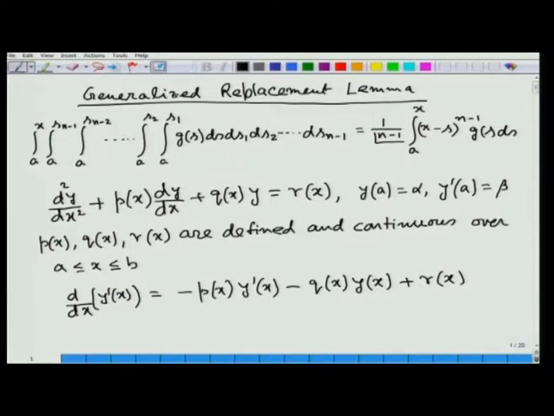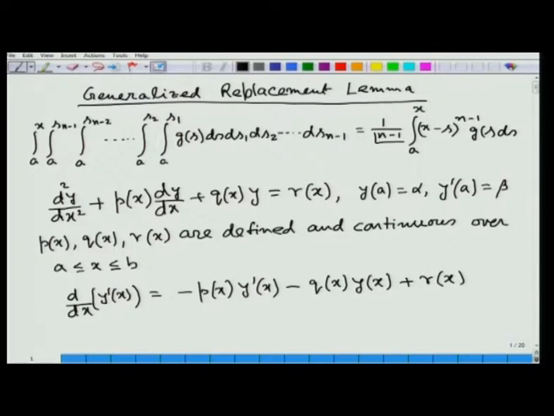So, we intend to integrate both sides from the limit a to x. Since x is the independent variable and is already involved in the limit, we rewrite these expressions with x replaced by s. So, dx becomes ds and we integrate from s equal to a to s equal to x.